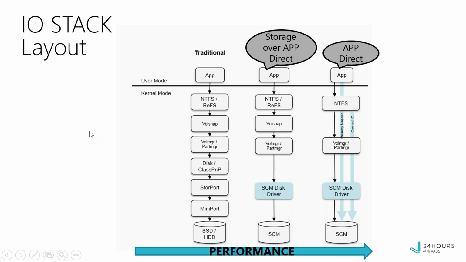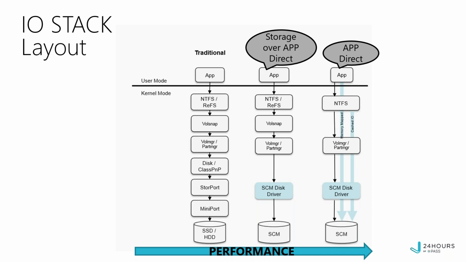So you might have heard that we have different modes of using a persistent memory device, which you used to call NVDIMMs. You can see by the difference in the stack layers that the less overhead we have, obviously the better the performance.